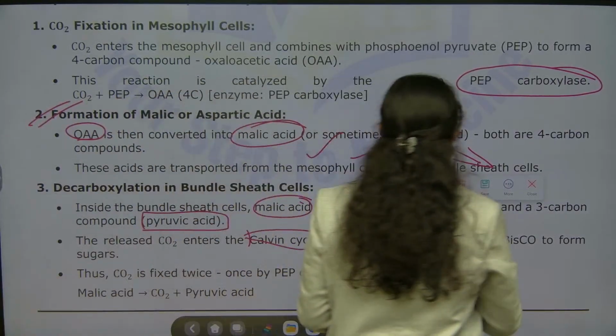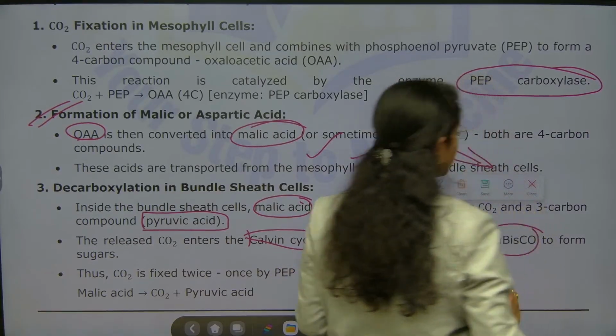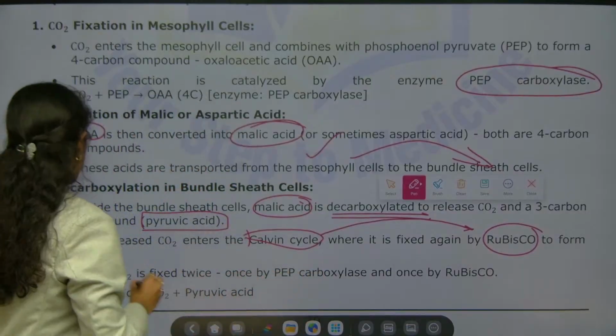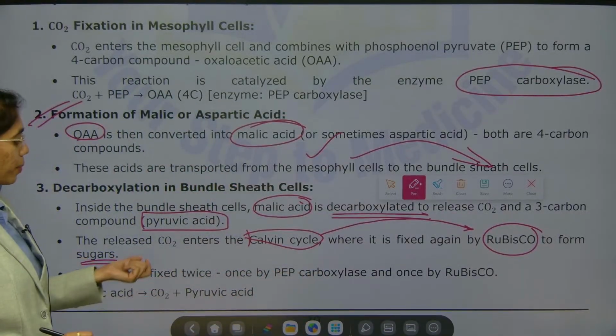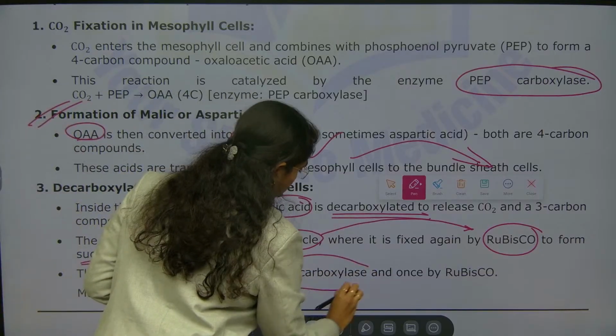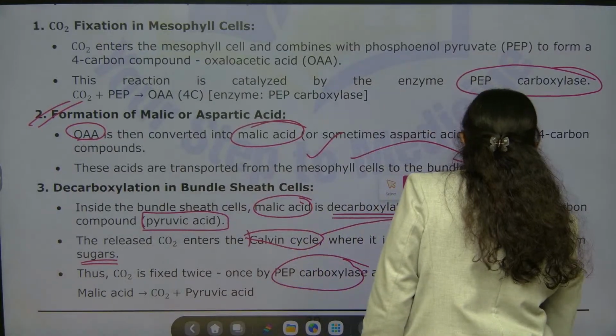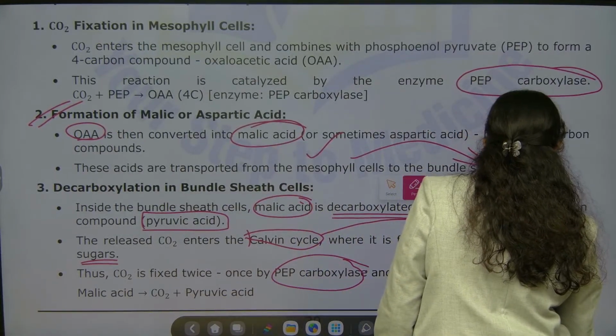Rubisco. This is fixed again by rubisco to form sugars. Thus, carbon dioxide is fixed twice, once by PEP carboxylase and second time by rubisco inside the bundle sheath cells.